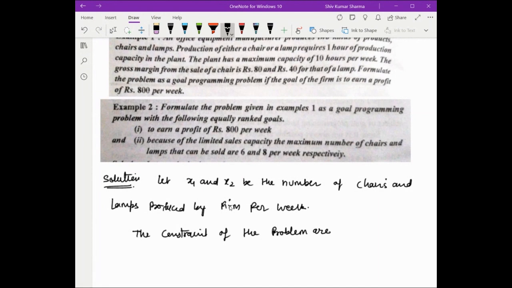Same constraints, that means earlier we used 80 rupees for a chair and 40 rupees for a lamp. So the profit target goal: earn the profit of 800 rupees per week.